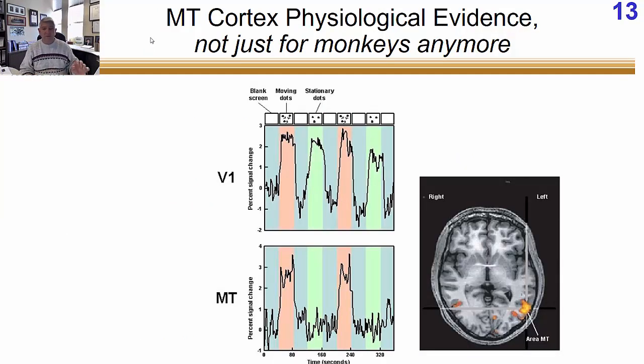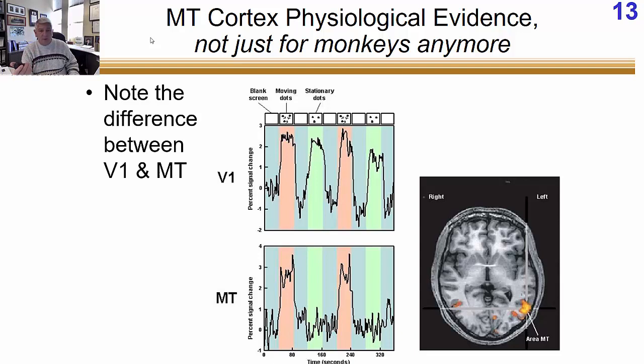That's in a monkey, obviously recording from a neuron, but we can measure this in people as well with MRI, with functional imaging. And here the stimuli are a blank screen, moving dots in a specific direction, or stationary dots.